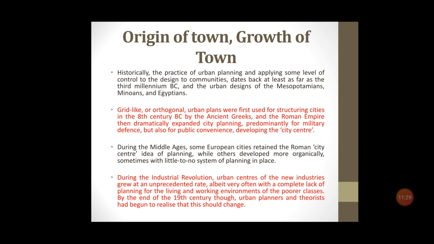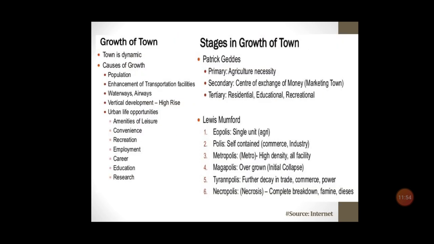During the Industrial Revolution, urban centers of the new industries grew at an unprecedented rate, albeit very often with a complete lack of planning for the living and working environments of the poorer classes. By the end of the 19th century, though, urban planners and theorists had begun to realize that this should change.